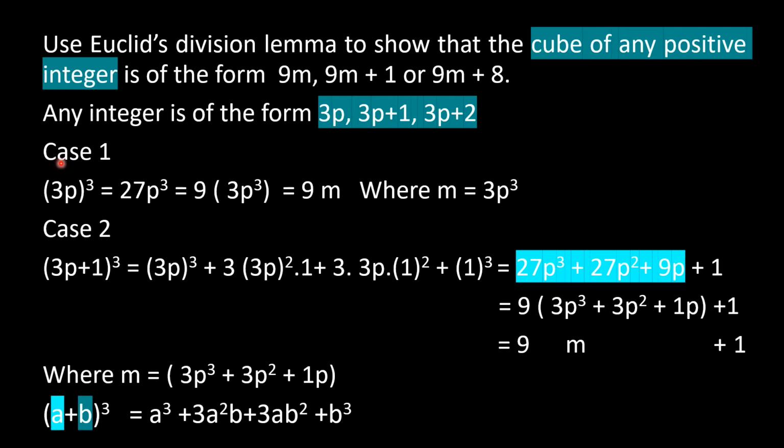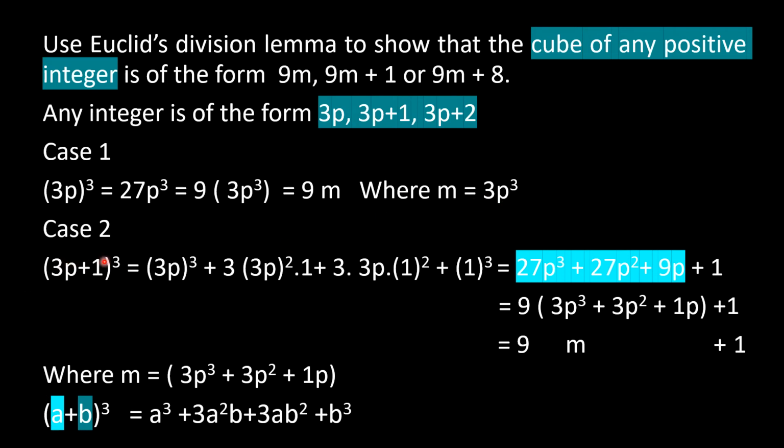So we are going to cube that. First case 1, 3p the whole cube, we get 27p cube. This 27p cube can be written as 9 into 3p cube. 9 into, instead of 3p cube, I am going to apply m, so 9m. First one 9m is over, where m equal to 3p cube.